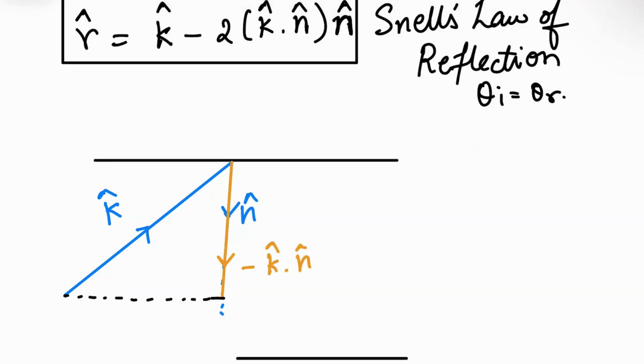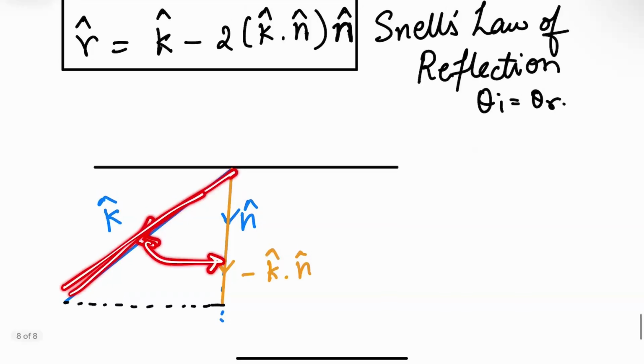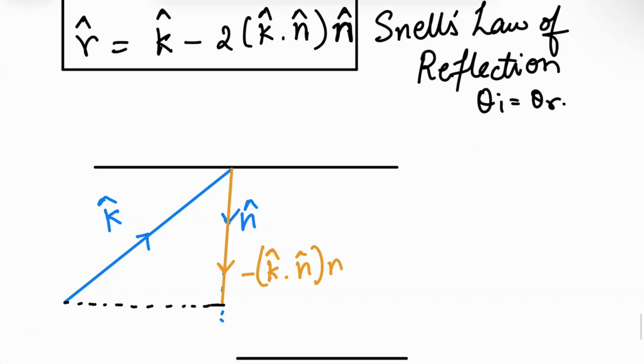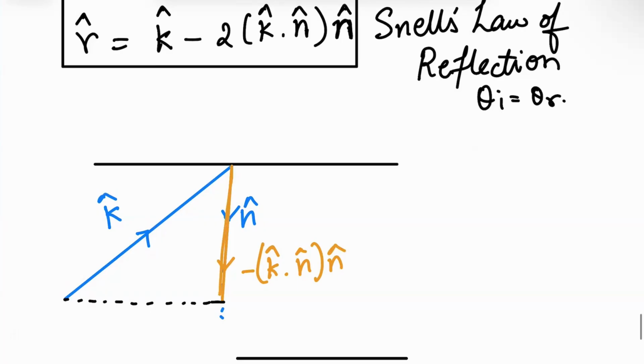You need the minus in there because you really want to project the positive direction of k onto that. So that projection times n hat is that vector, because this length is equal to minus k hat dot n hat, and you multiply with the unit vector in that direction to get this vector.